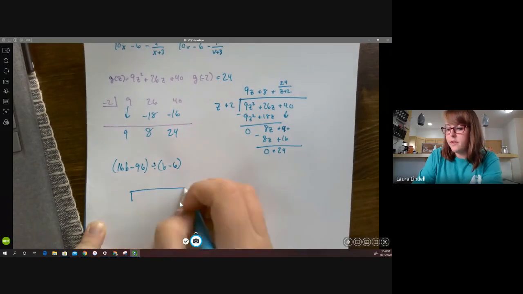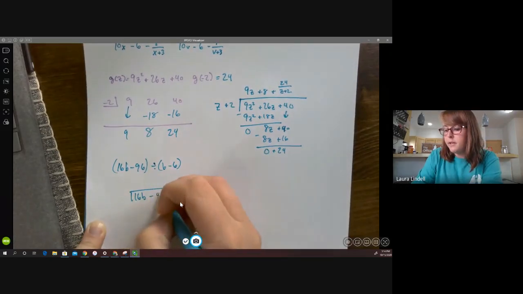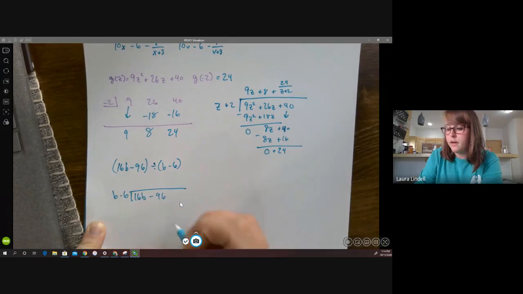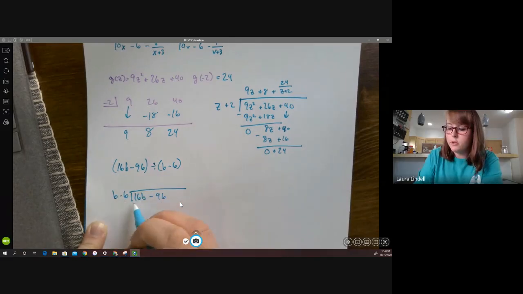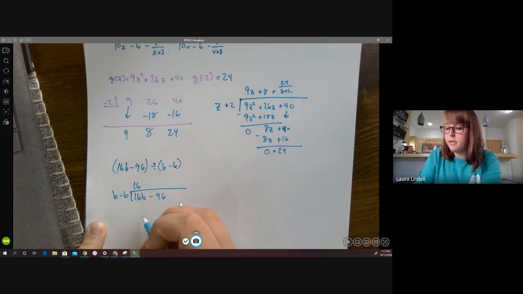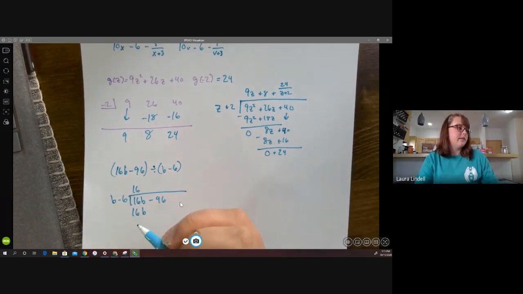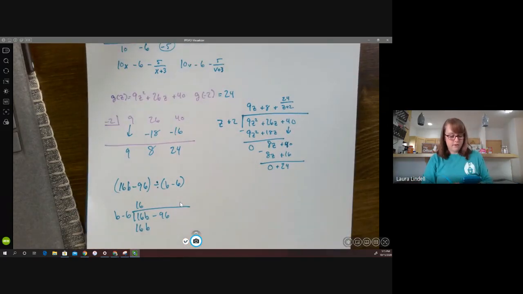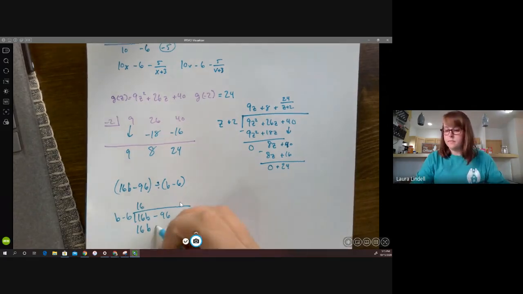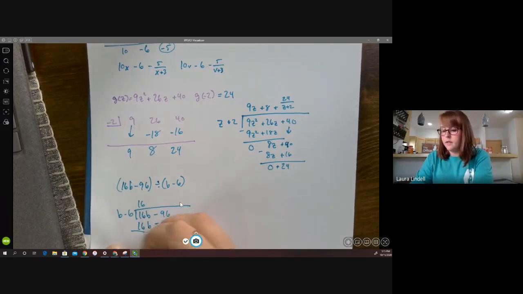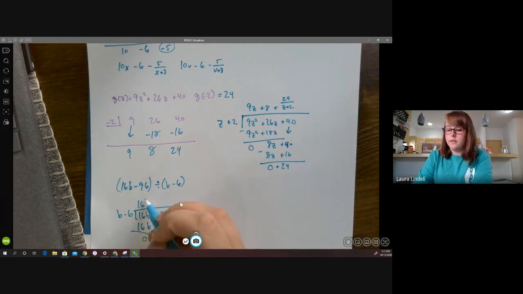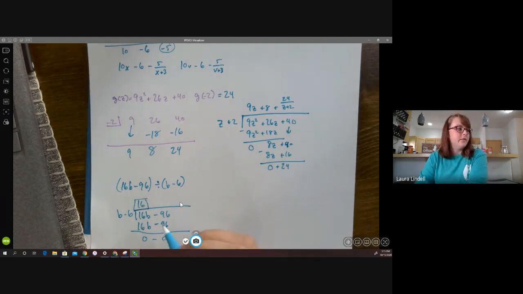So with long division, we multiply by 16 to get 16b. 16 times b is 16b. 16 times negative 6 is 96. So we subtract and we get 0 for both of these. So our answer here is just 16.